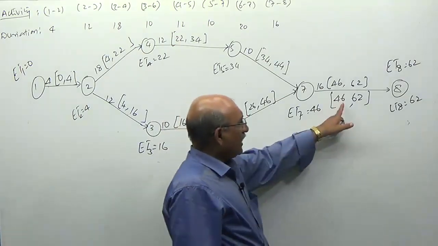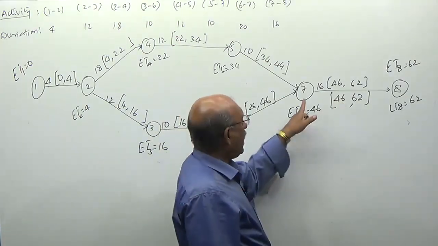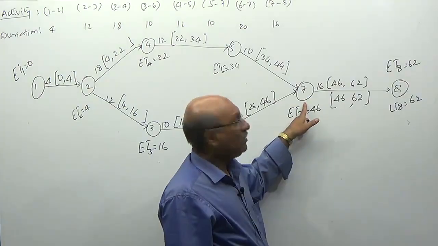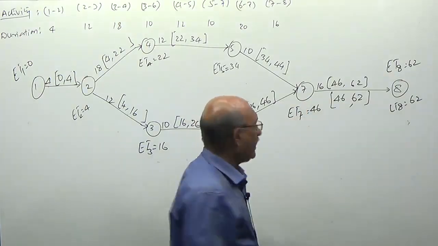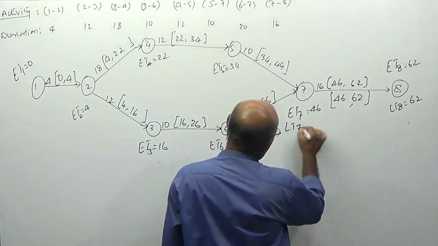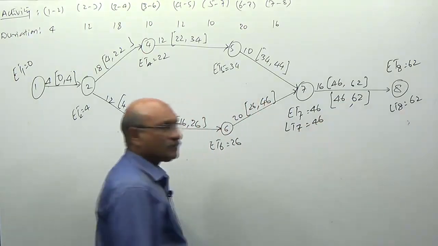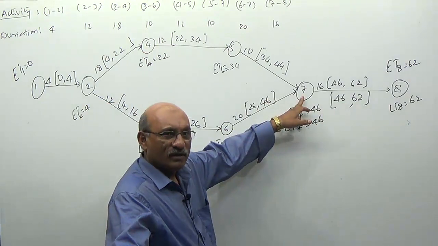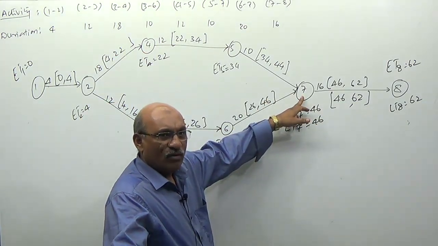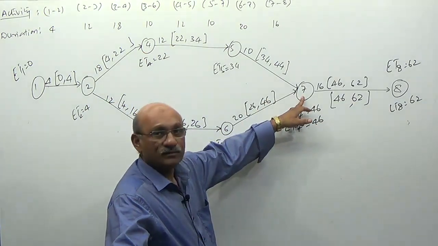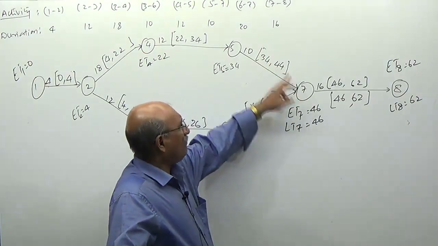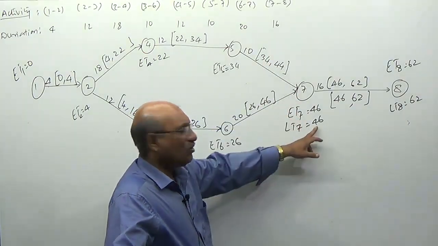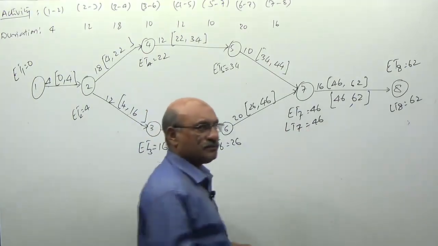So to start this activity on the 46th day means I have to reach this particular node 7 on the 46th day. So latest timing of 7 is 46. If I have to be at node number 7, sir, activities 5, 7 and 6, 7 I have to complete on the 46th day.